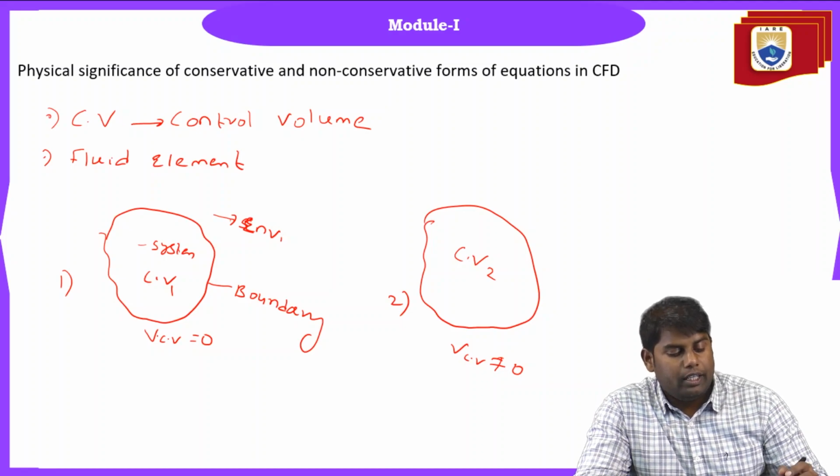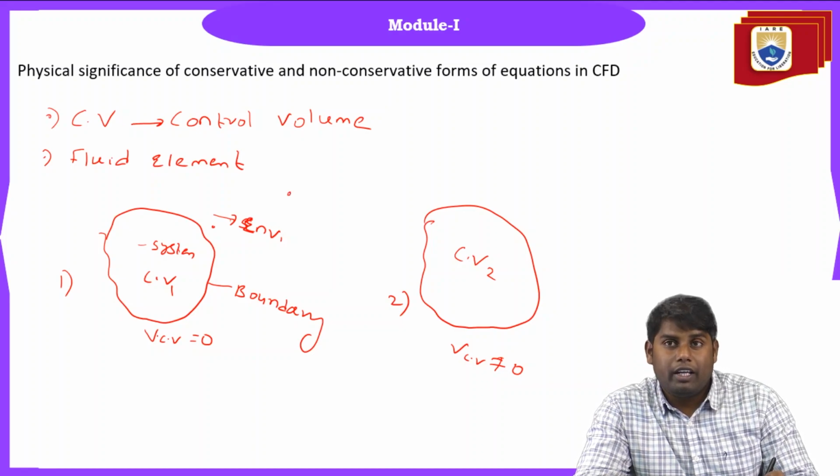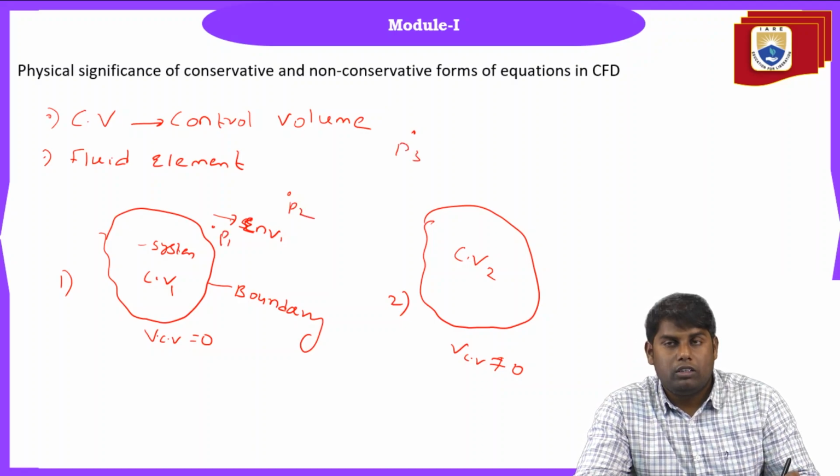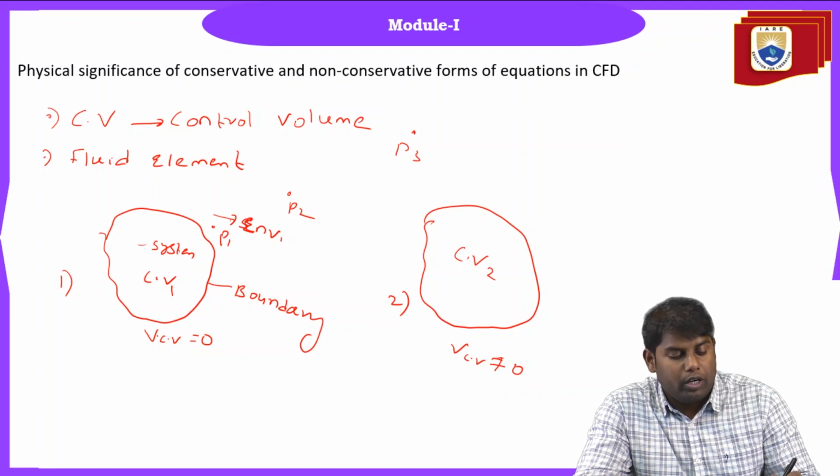So let us take environment. Say there are points P1, P2, P3 available. As we go far from the system entity, which one has to be considered as the environment variable? Whether P1 can be considered, P2, or P3, that is very, very important.